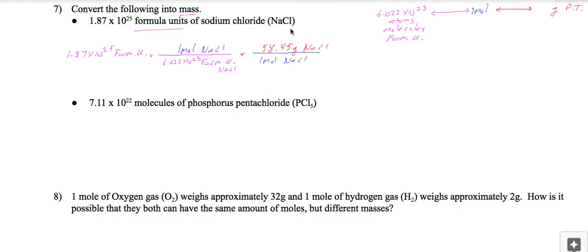Cancel things out. Formula units of sodium chloride cancels formula units of sodium chloride. NaCl cancels with this NaCl, the moles. We're left with our grams of sodium chloride. So we can see we started with our formula units of sodium chloride, then went to moles. From moles, that's here, we went to our grams. All right.